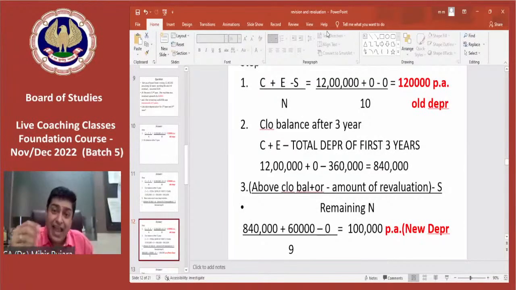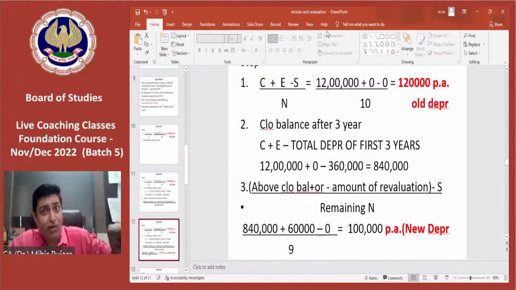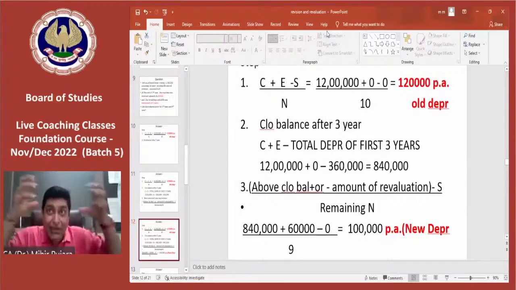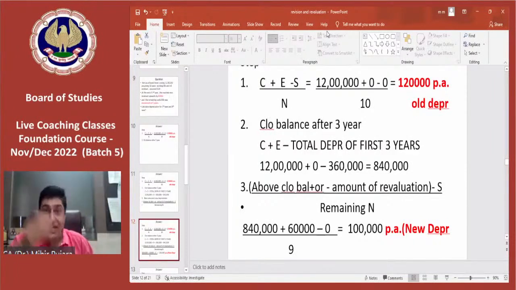If I explain the answer with the question, you will understand. But if you read the question on your own, try to understand what C, E, S, N are, then try the formula, then I show the answer, you understand whether you were able to understand or not. That's why I'm giving you time.